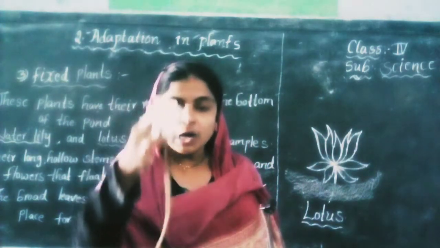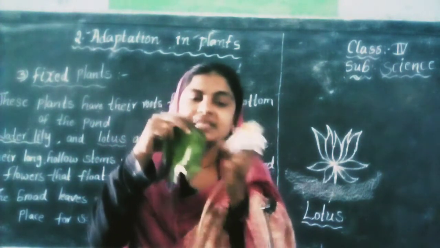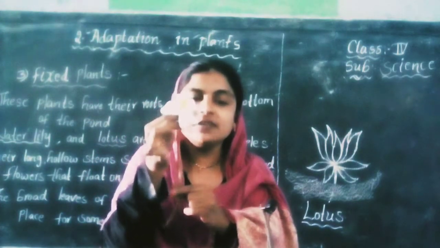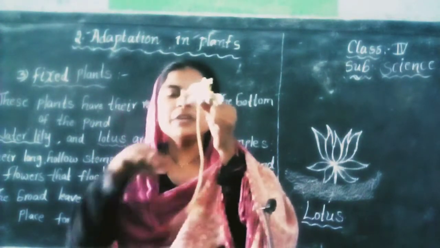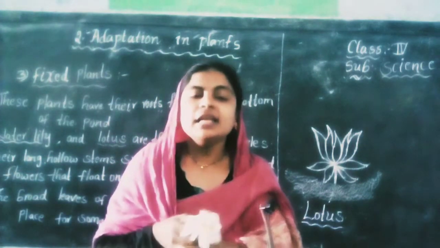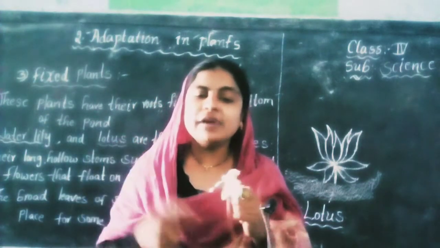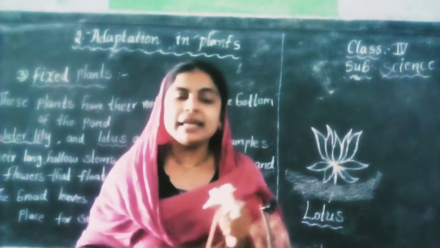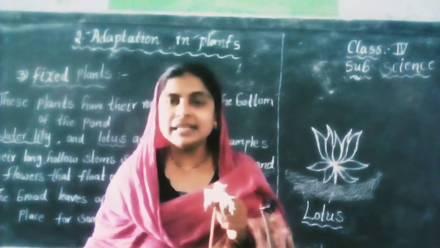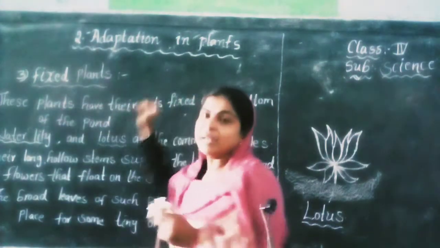Their long hollow stems support the large leaves and flowers that float on the surface of the water. The broad leaves of such plants provide a nesting place for some tiny organisms. Okay children, practice in your home fixed plants.